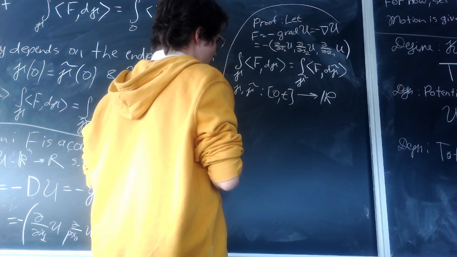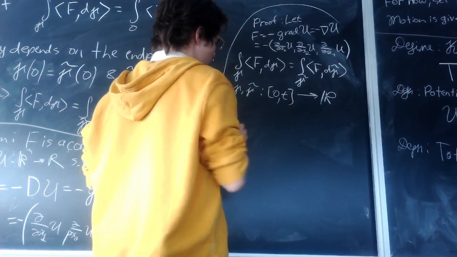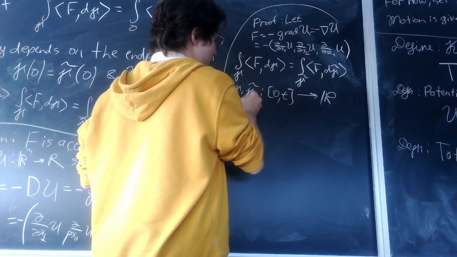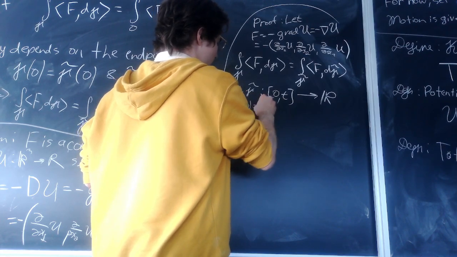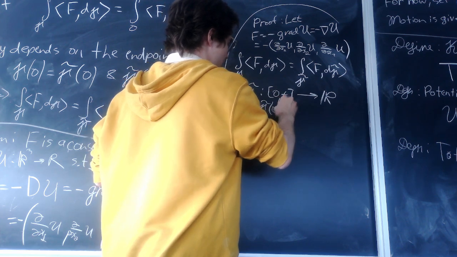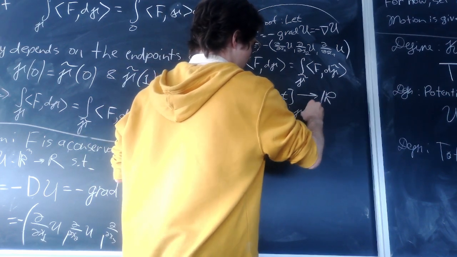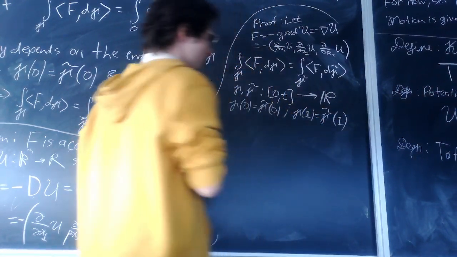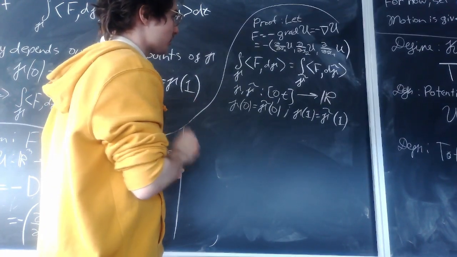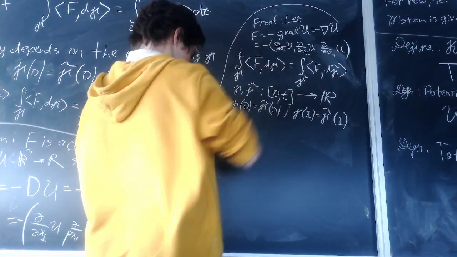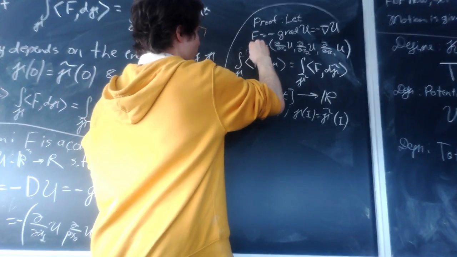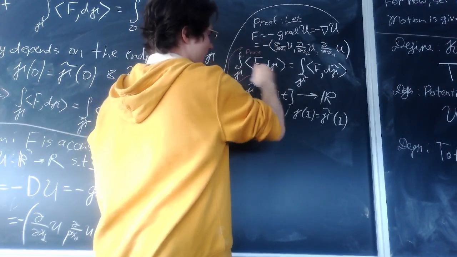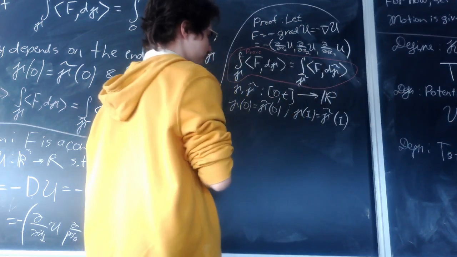None of it matters, but for convenience, I choose this. And of course, these two paths have to have the same endpoints, right? So gamma of 0 is equal to gamma twiddle of 0, and gamma of 1 is equal to gamma tilde of 1. Okay, so these are the assumptions. This is what I want to prove, and everything else is the assumption.